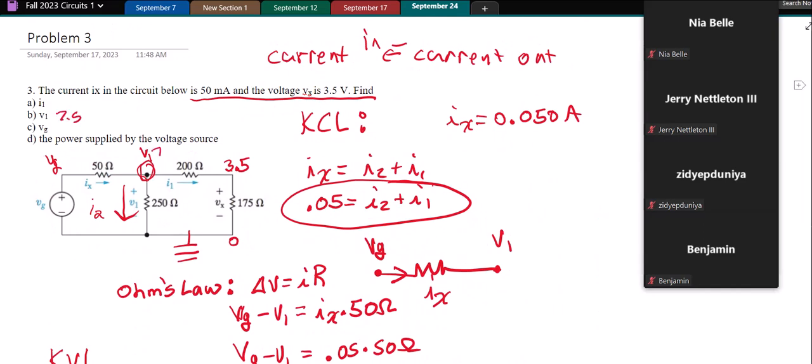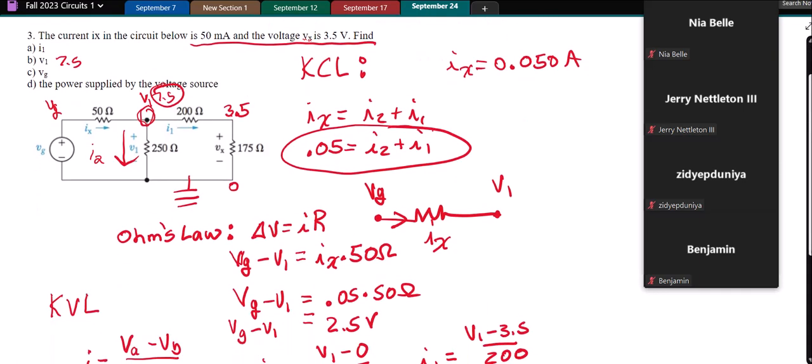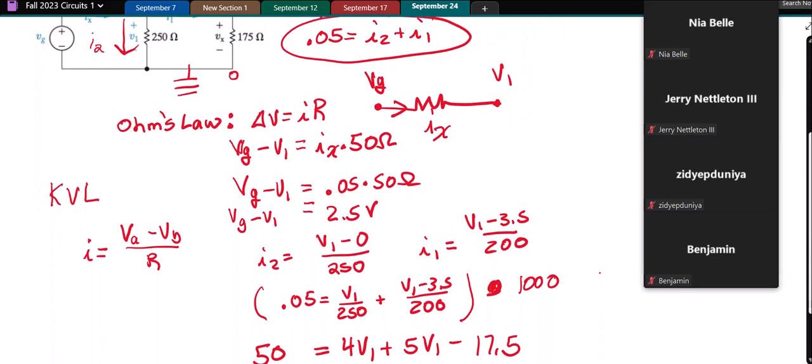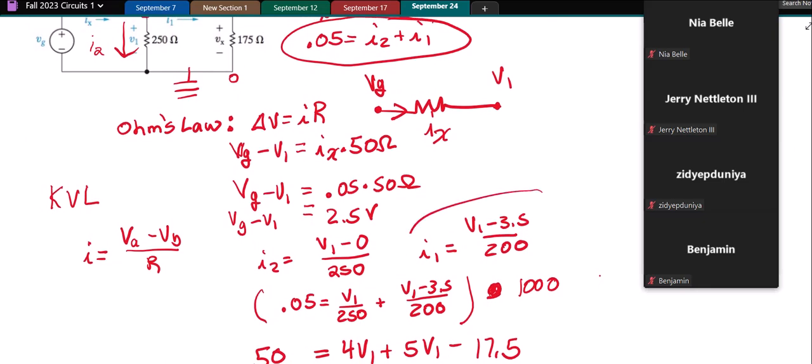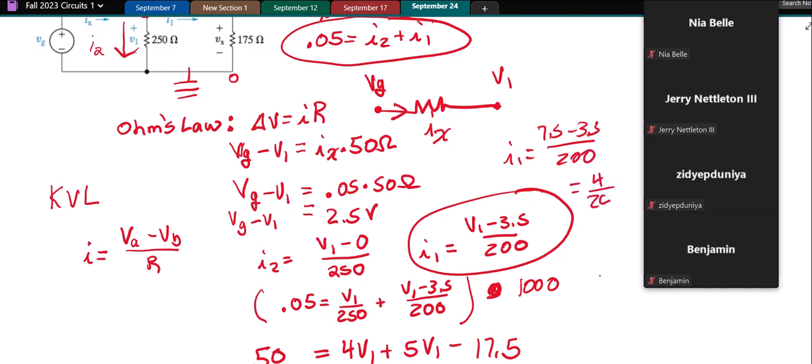And now that we know that V1 is 7.5, and I1 is already defined for me right here, I1 equals 7.5 minus 3.5 over 200, or 4 over 200, or 2 over 100, or 0.02.